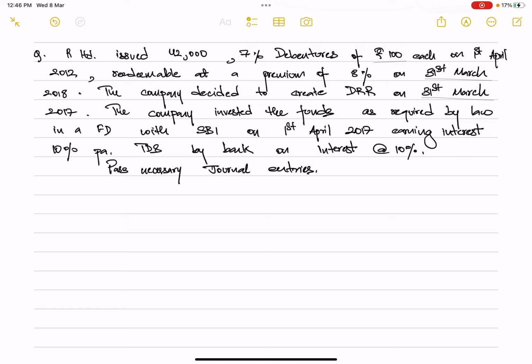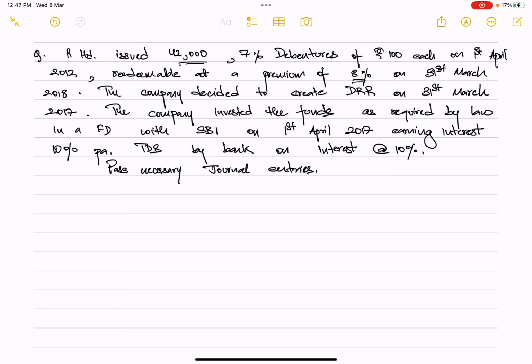The question states that there is a company, R Limited, which has issued 42,000 7% debentures of rupees 100 each on 1st April 2012, which is redeemable at a premium of 8% on 31st March 2018. That means after 6 years, it is going to be redeemed at a premium of 8%.